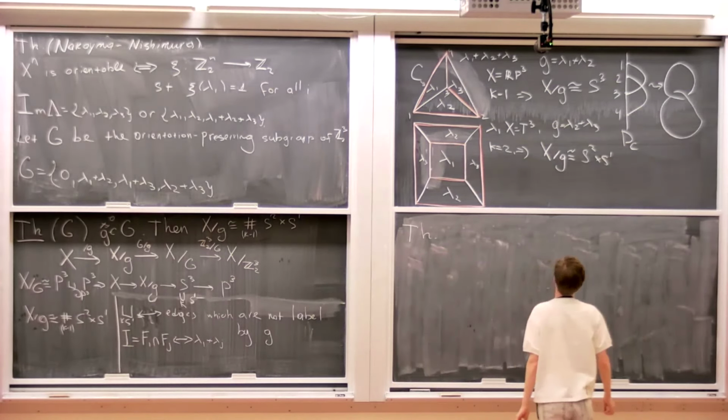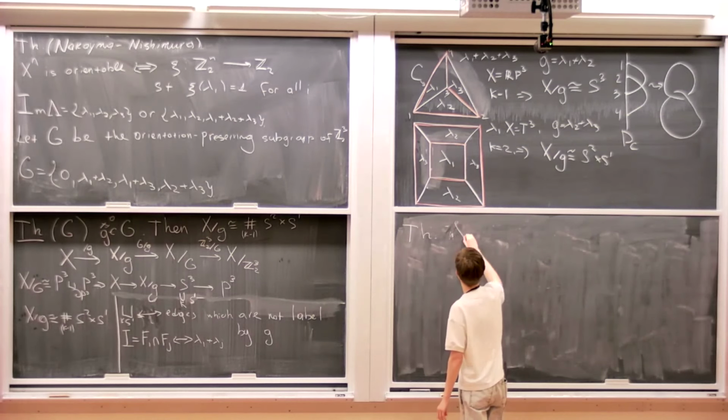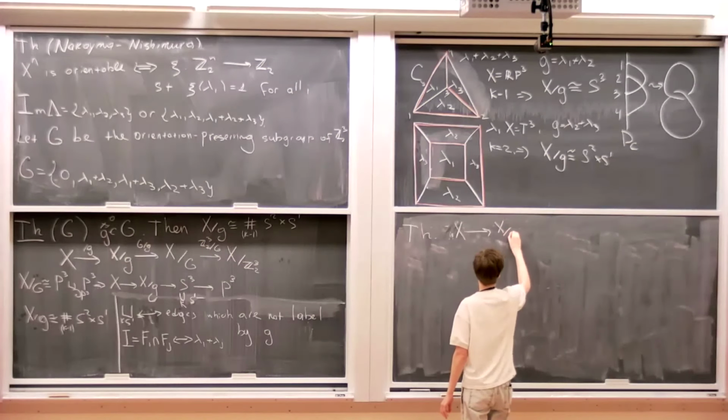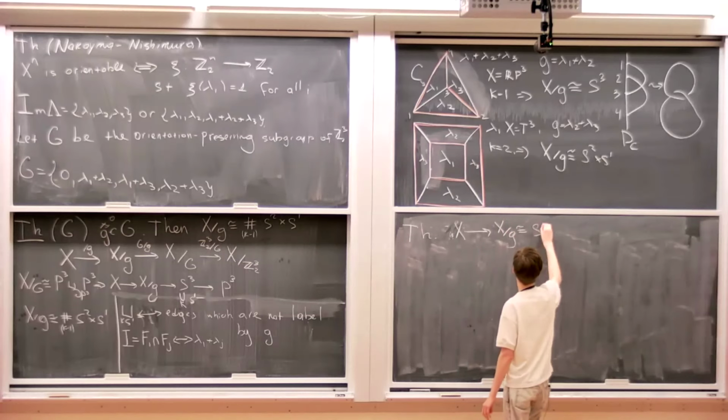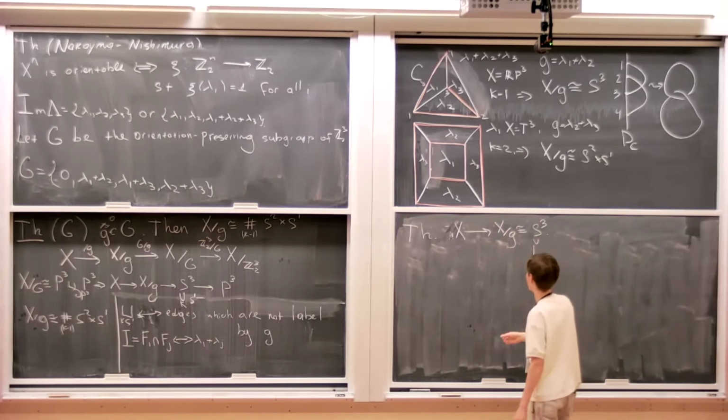Right. So, theorem. If we have an involution such that the orbit space is homeomorphic to the three-dimensional sphere, then we get some link, which is the branching set of this map, and the description of this link is the following.